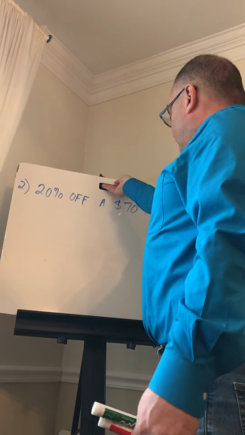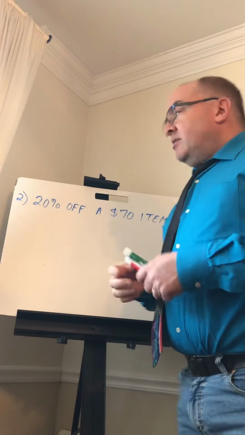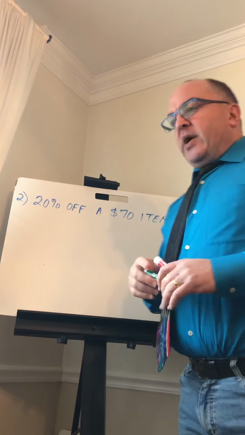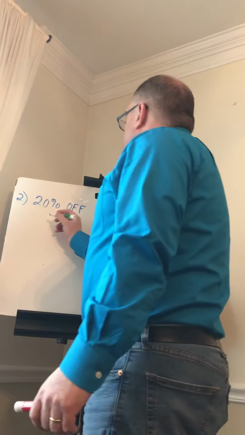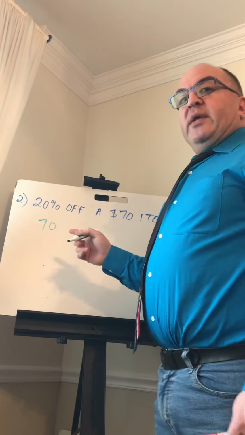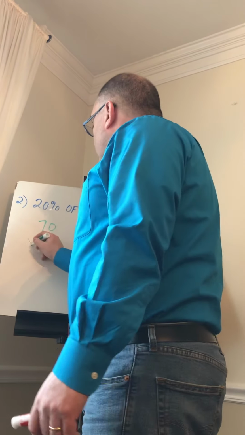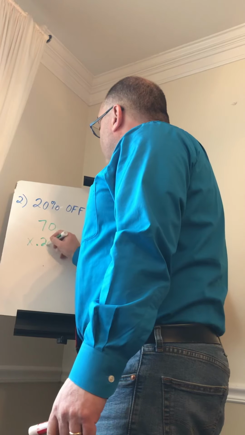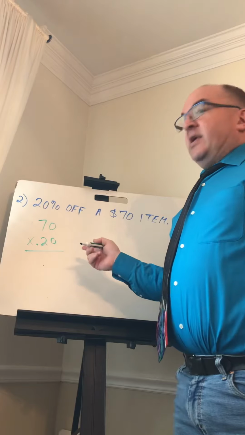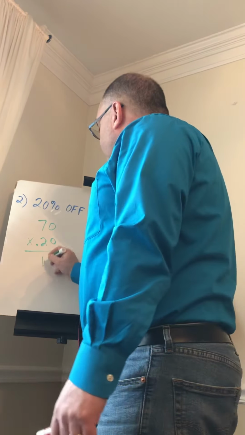So what if I want to take 20% off of a $70 item? Here's how it works. The concept is, I'm not even going to show you the easiest way yet. The concept is you have $70. What's 20% of $70? Well, all we do is we multiply by 0.20 or 0.2. So if you do on your calculator 70 times 0.2, you'll get 14.